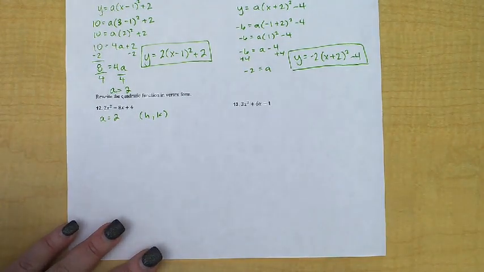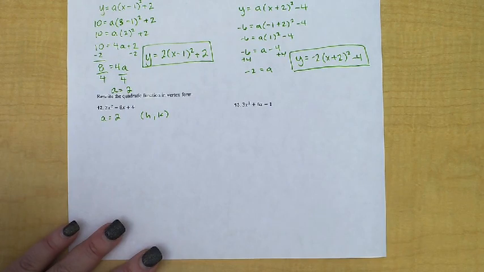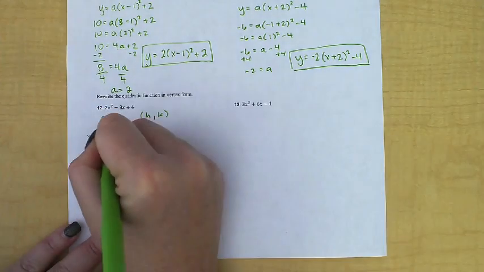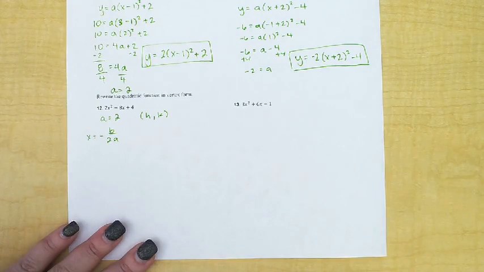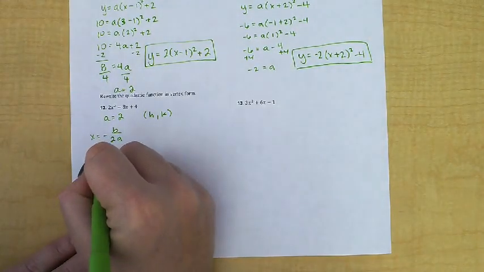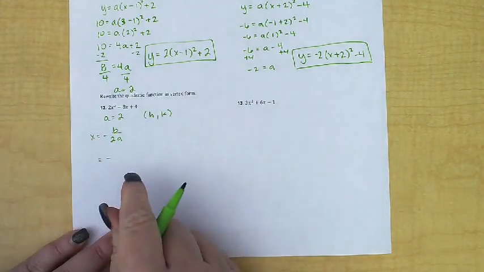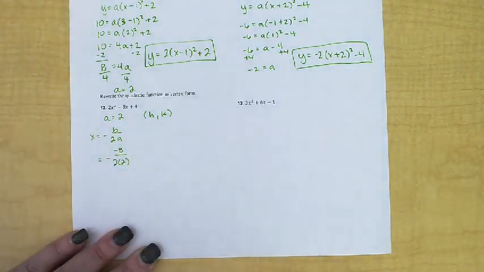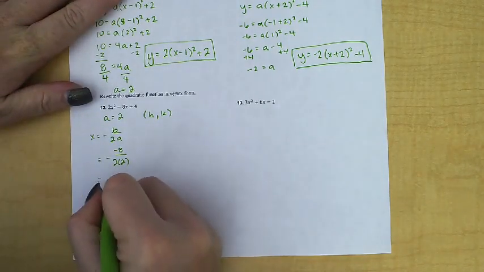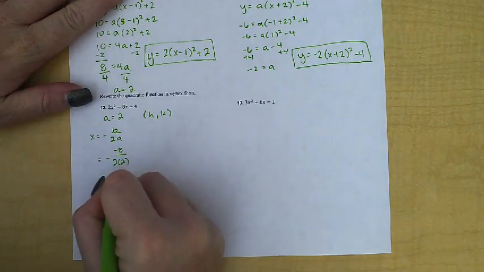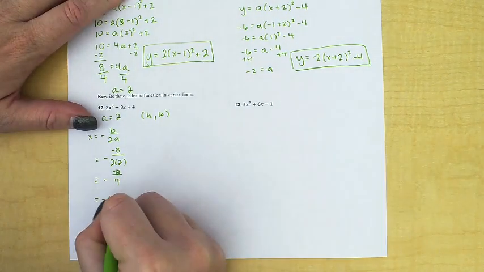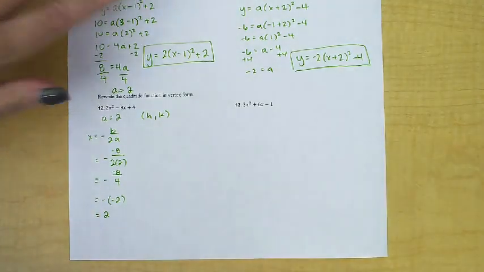Luckily, because of 8(3), we know how to get h because h actually equals x, and we find x by taking negative b over 2a, which is going to be negative 8 over 2 times 2, which will give us a negative 8 over 4, which is a negative 2, which is a positive 2.